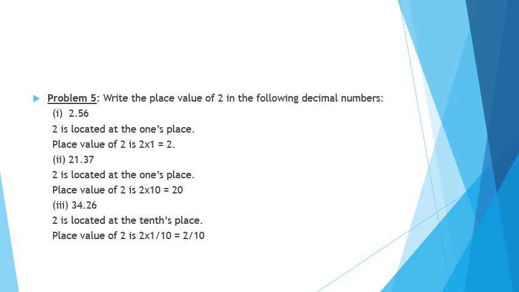The third, 34.26, 2 is located at the 10th place. So the place value of 2 is 2 upon 10 or 0.2. Is that clear? So we will look at the place value or the position of that number and give the place value.